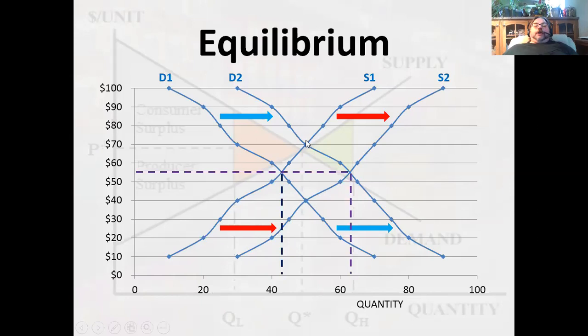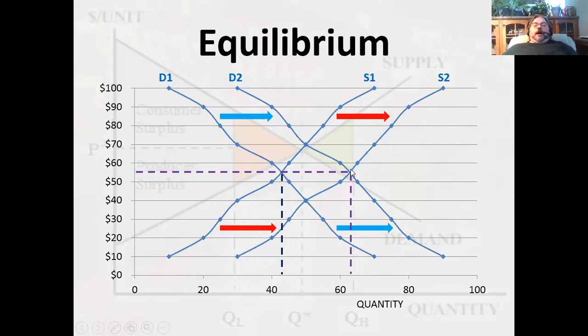When the supply curve shifts right, look at what happens to that equilibrium point. The price went up to $70 and then supply started shifting right. And when the curve shifted right, that equilibrium point slid down the new demand curve.